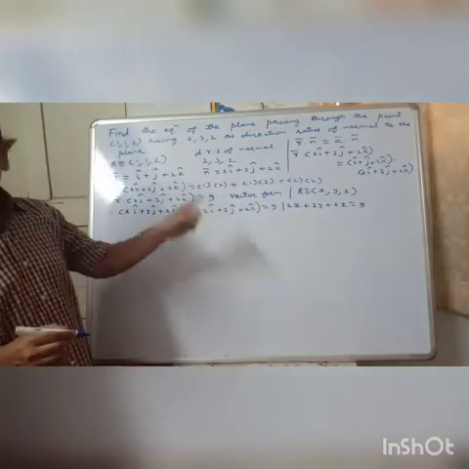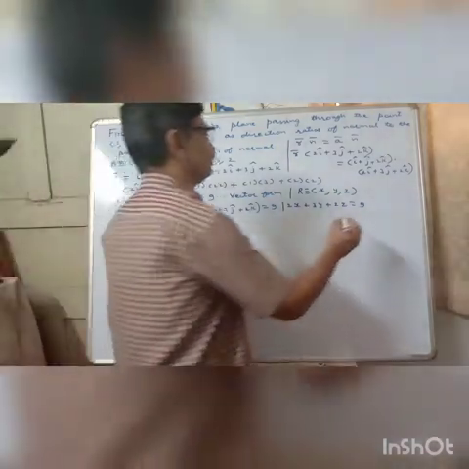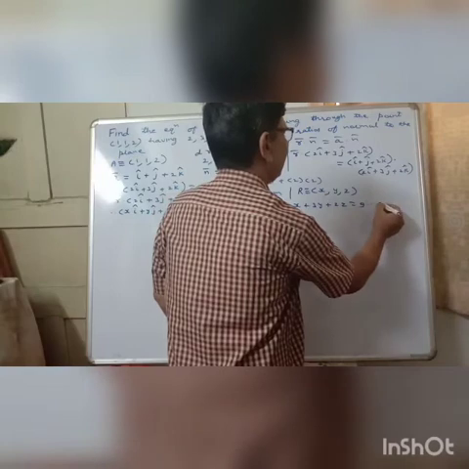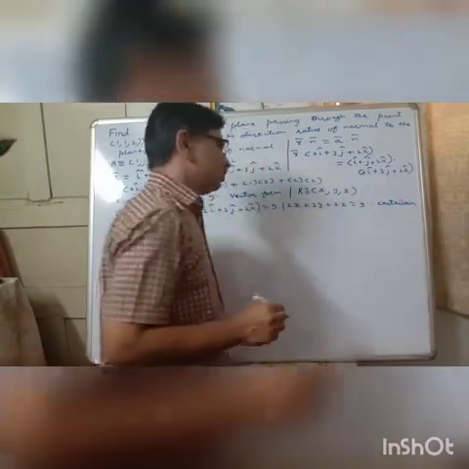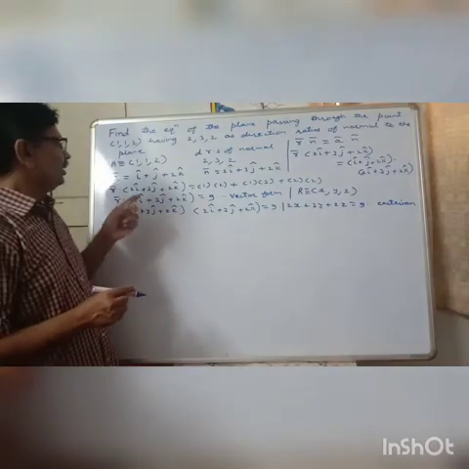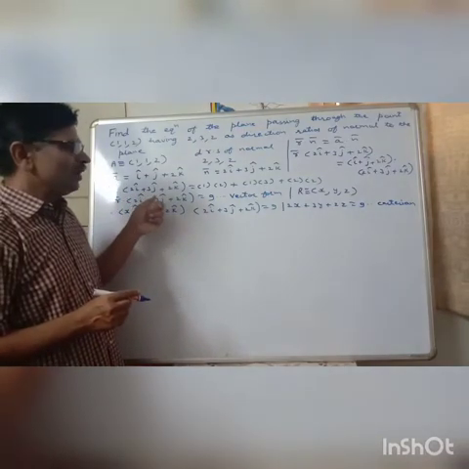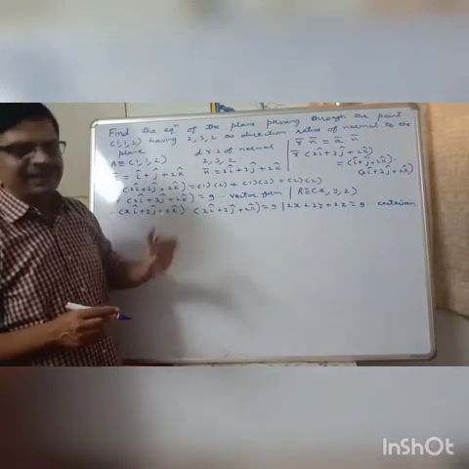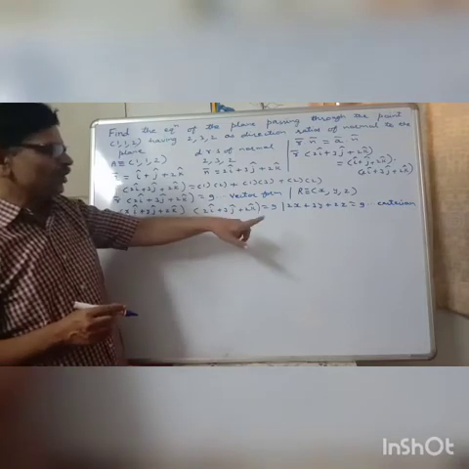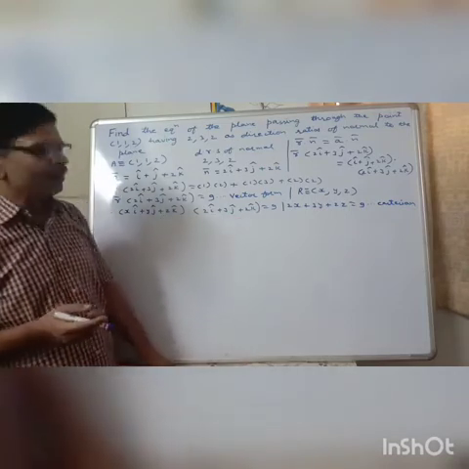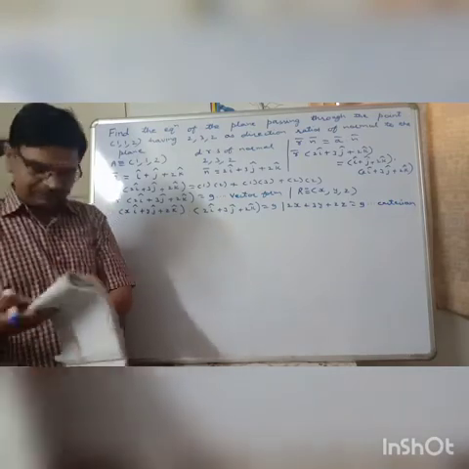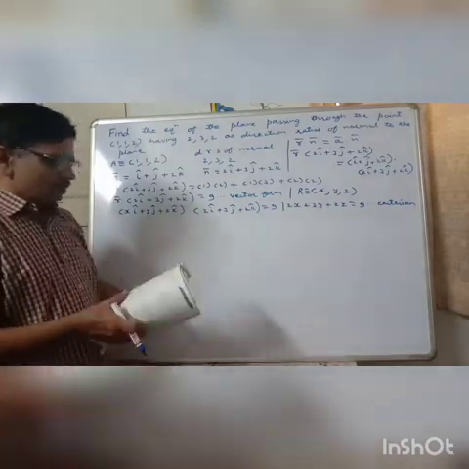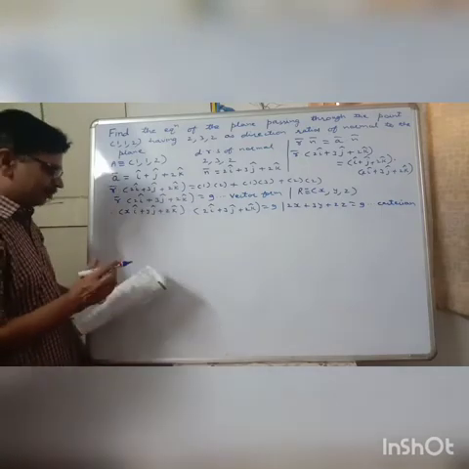This is equation of same plane in Cartesian form. So we can convert equation of plane in vector form into Cartesian form. Similarly, equation of plane in Cartesian form can also be converted into vector form. Next example.